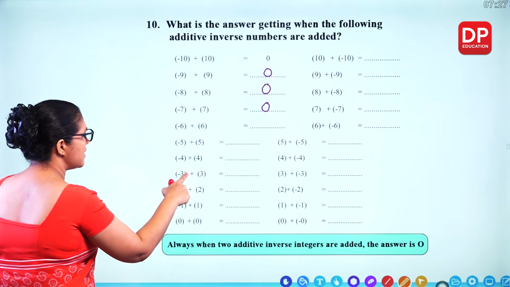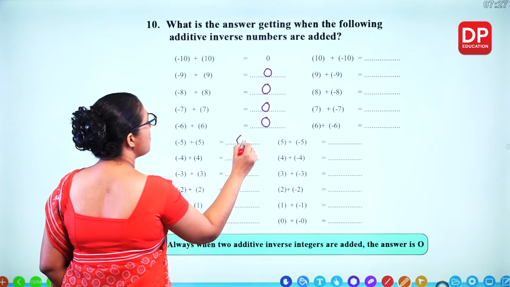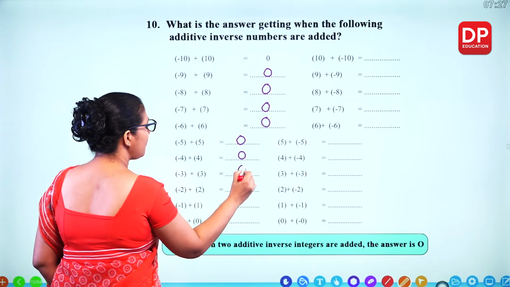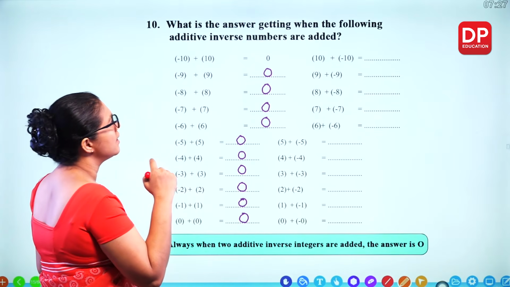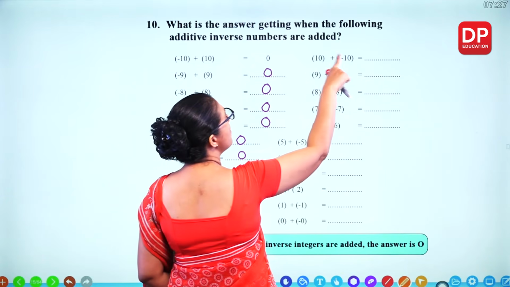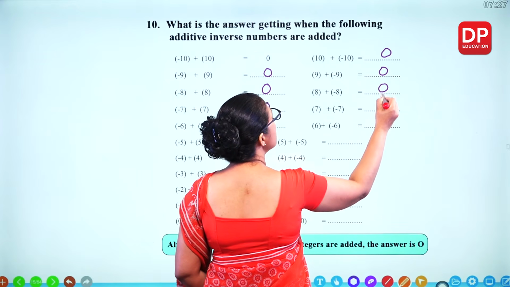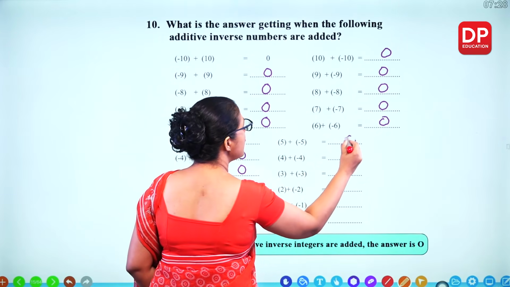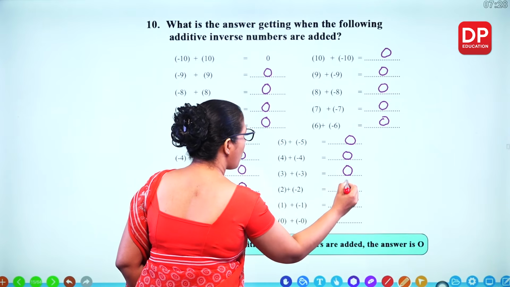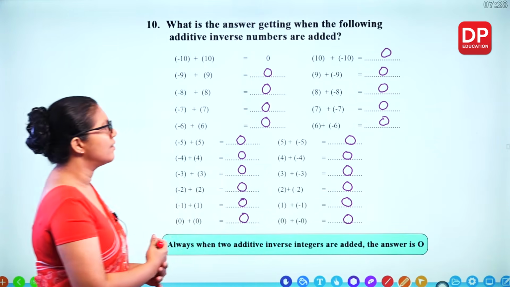So when you add the additive inverse to a number, what do you get? You get all zeros. This is also a number and its additive inverse. All are zeros. 5 and minus 5, 0. So you always get 0.